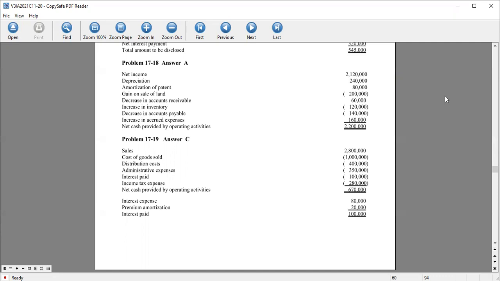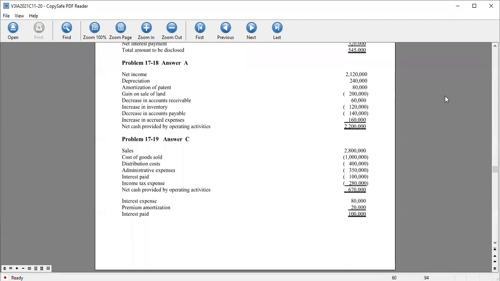Then we consider the increases and decreases. Decrease in accounts receivable of 60,000, from 680 to 620. Then increase in inventory of 120,000. Next, decrease in accounts payable, deduct 140,000, and increase in accrued expenses, we add 160,000. So the answer to 18 is letter A.